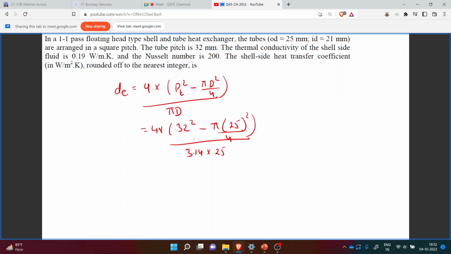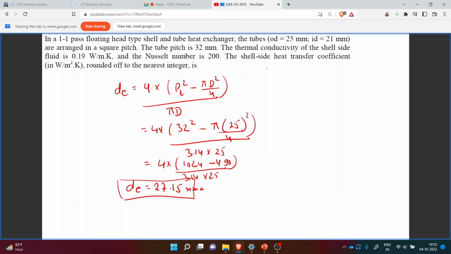So this we can write as 4 into 1024 minus 490 upon 3.14 into 25. So this we can solve, and we will get the value of this diameter as 27.15 mm.